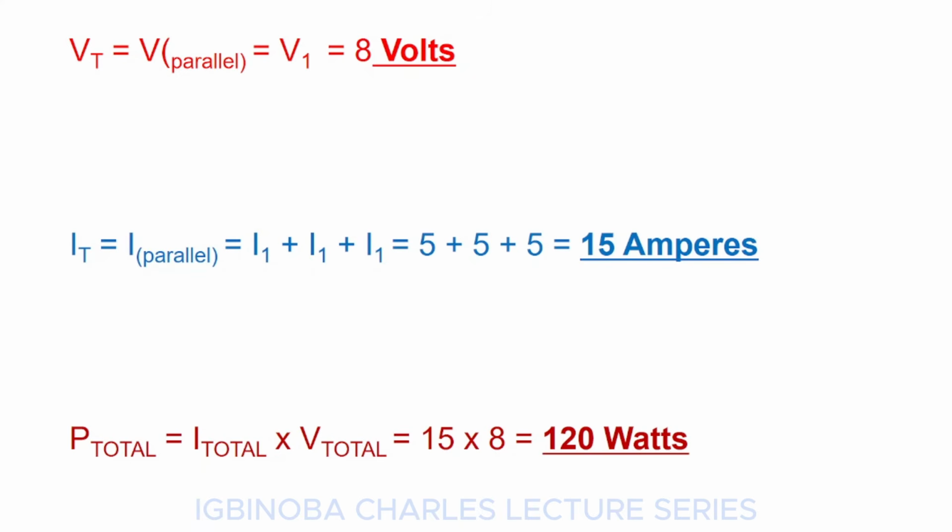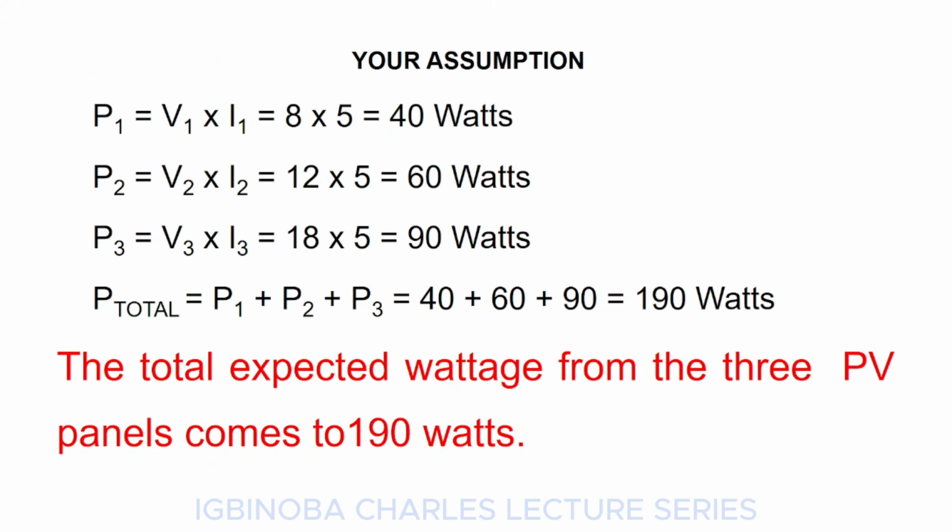So it is clear that your assumption is wrong, because the power available to the connected load is only 120 watts, clearly reducing the PV panel actual wattage to about 63% of the maximum, like what we calculated here before, 190 watts during our assumption.